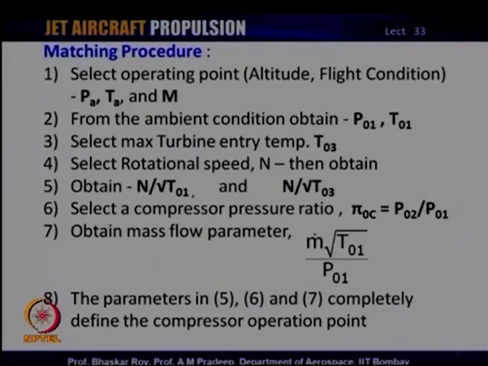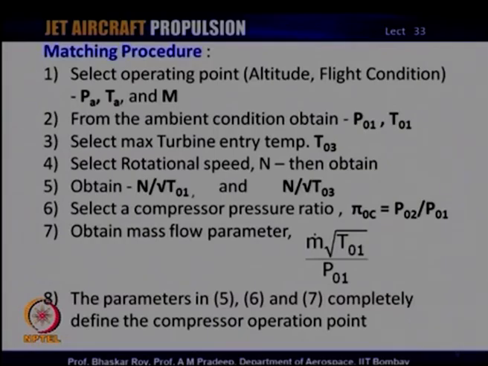Various kinds of engines have various kinds of typical rotational speeds. As we have seen before, for turboshaft they could be of the order of 30,000 to 40,000 rpm, whereas for military aircraft engines they are of the order of 15,000 to 18,000 rpm, whereas for transport aircraft engines, civil aircraft engines, they are of the order of 10,000 rpm.